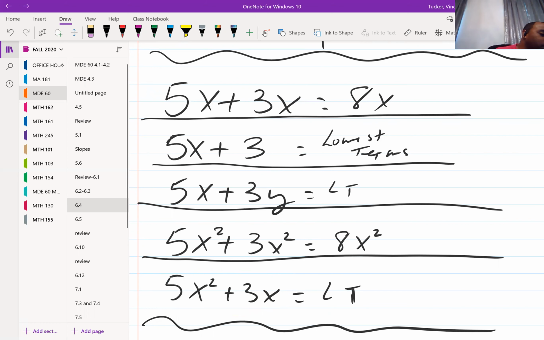Any questions on what you can add together, subtract from each other, and what you cannot? These same rules apply to subtraction as well. Any questions?